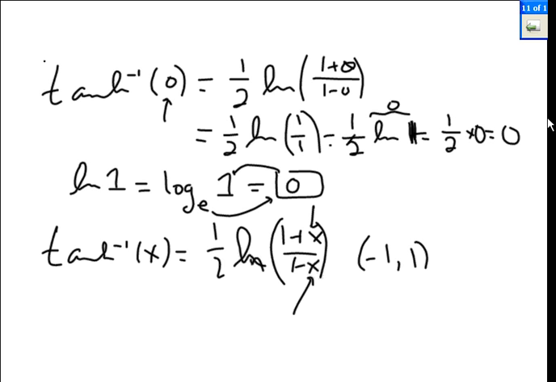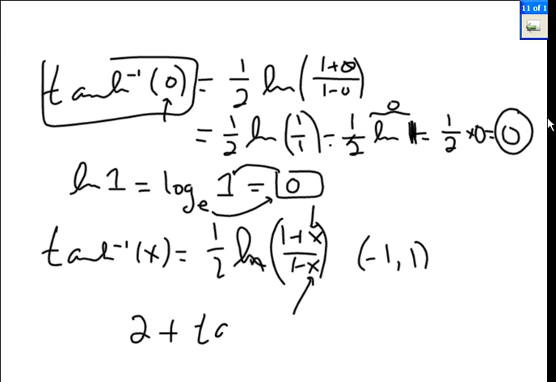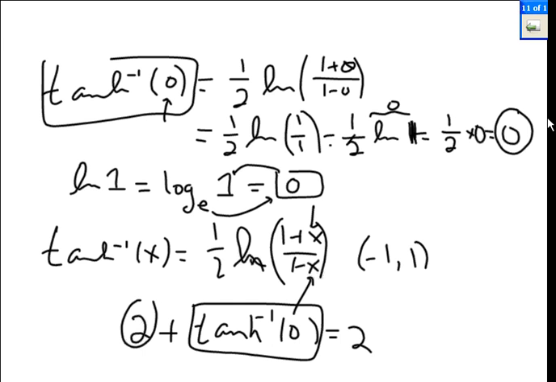Okay, so what does this equal? It equals 0. So somebody asks you on the next problem, what is 2 plus the hyperbolic tan inverse of 0? You should say, oh, that was the last problem, that's 0. Yeah, 2 plus 0 is 2.